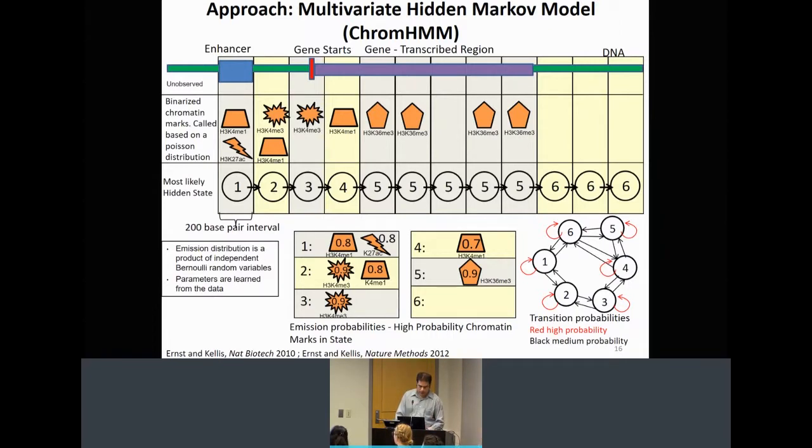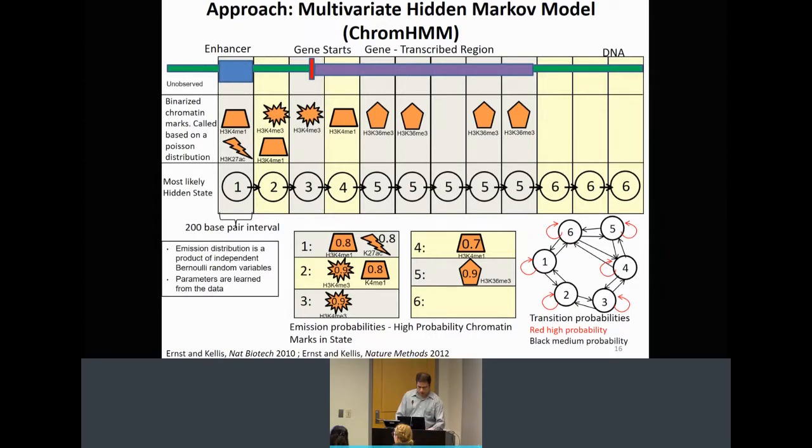What you have is these 200 base pair intervals with binary presence or absence of all different modifications, whether you have enough evidence that that modification is present within a 200 base pair interval. And we call this binary presence or absence if the number of reads exceeds what would be expected at a significance threshold based on a Poisson background distribution.